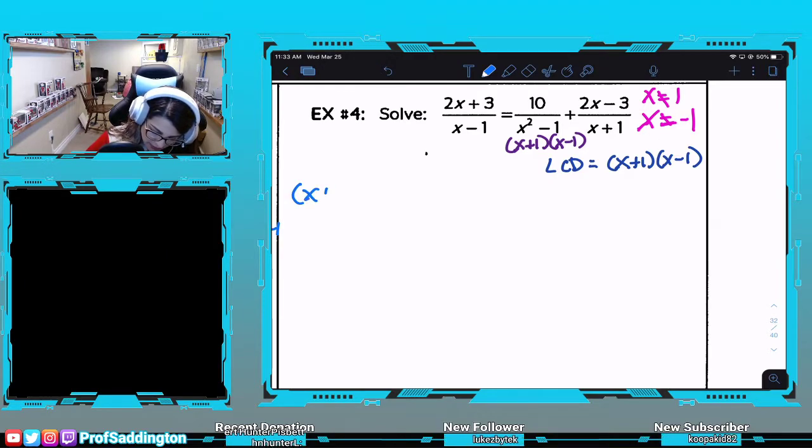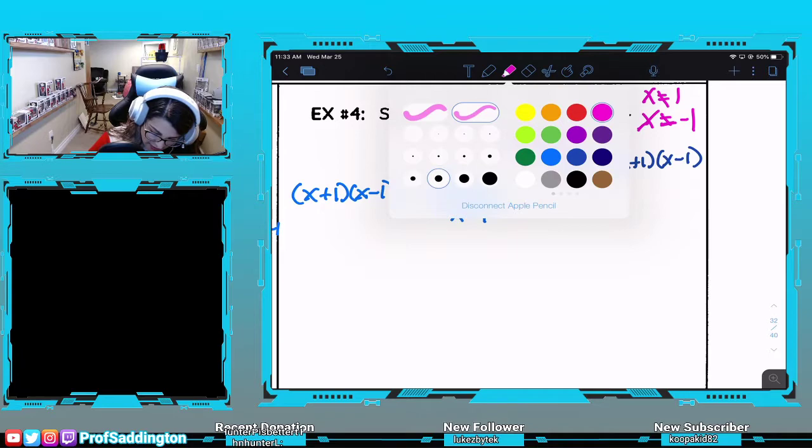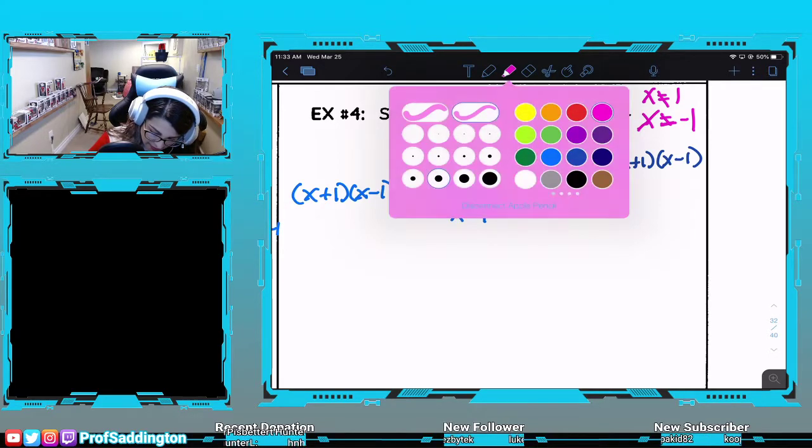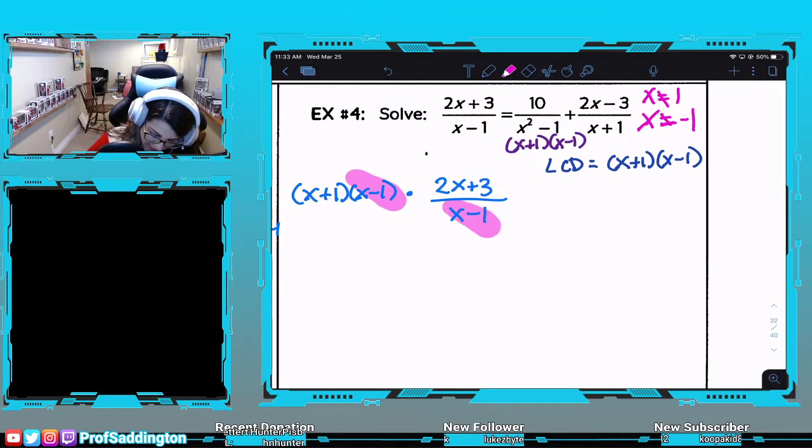So, we have x plus 1, x minus 1 times our first fraction. And we can see there that our x minus 1's cancel out. Equals. I should have written smaller. Going into dangerous territory here. Write small.